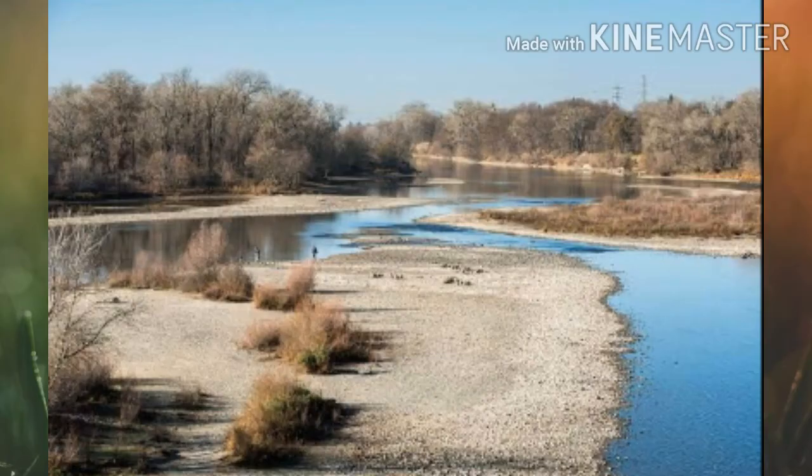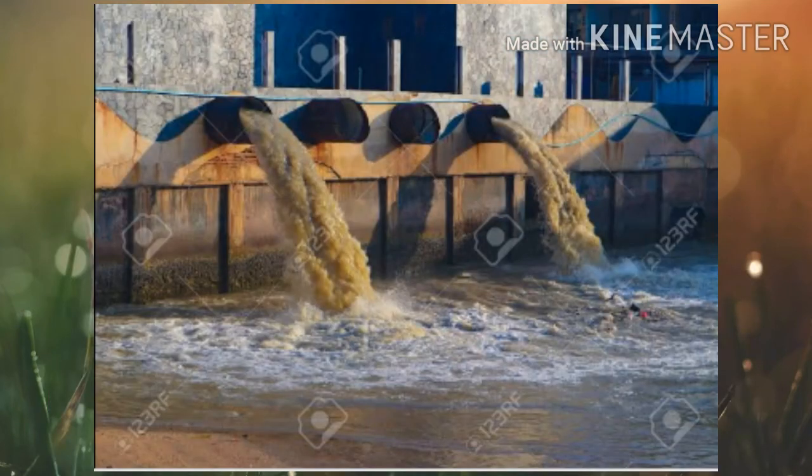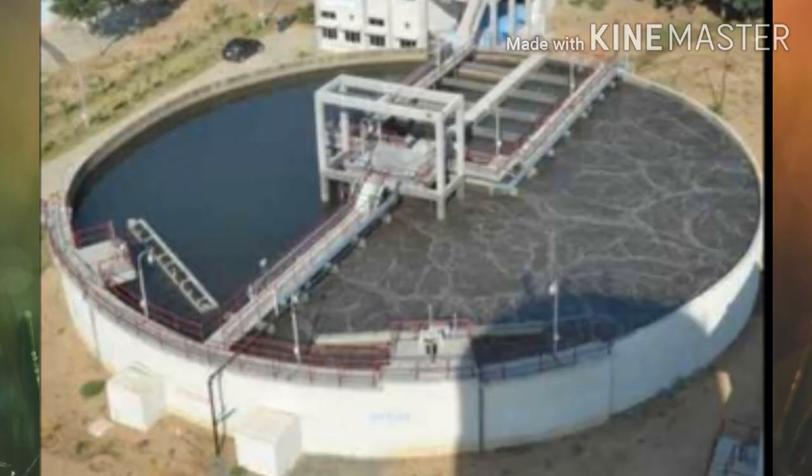Students, you have to remember these points always. See, water is life. Use it judiciously. When substances that are harmful for living things get mixed with water, it becomes polluted. Before wastewater is let into water bodies, it is processed in many ways to prevent their pollution.